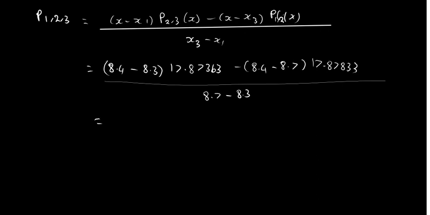So this is going to be 0.1 times 17.87363 minus open bracket negative 0.3 times 17.87833.